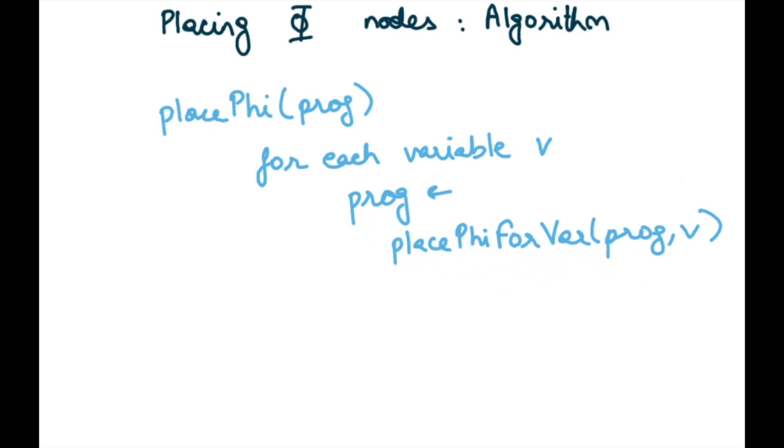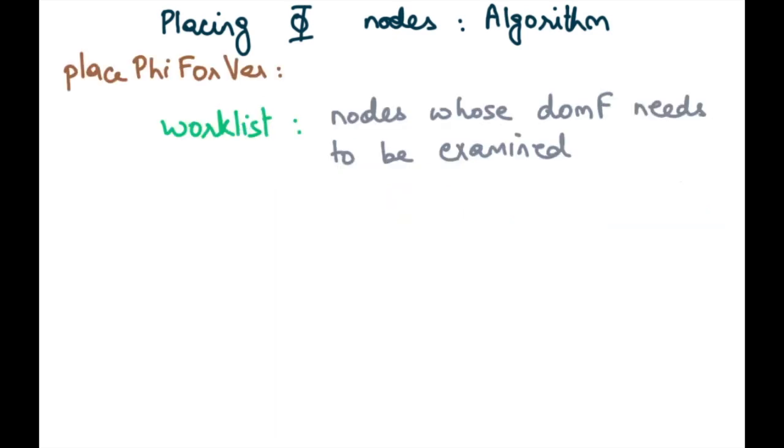And so it gives you a new program, and this iteratively continues until we have placed phi nodes for all the variables in the program. So now I'm going to look more deeply into this function place phi for var, which takes as input the program and a particular variable, and I'm supposed to place the minimal number of phi nodes for this particular variable. So we have already seen what the algorithm is going to look like.